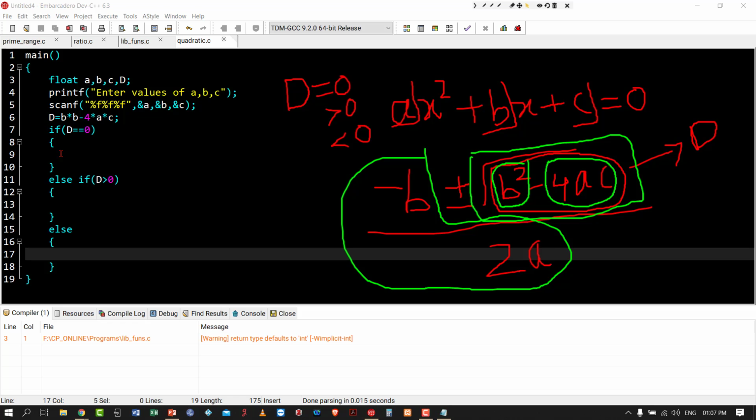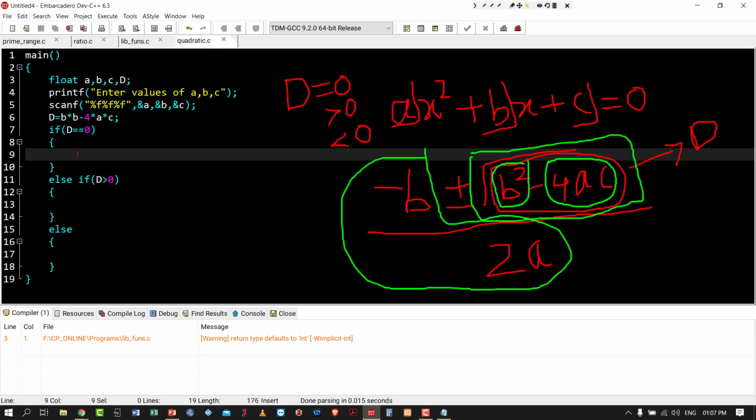So I will write here x equal to minus B by, here you can't write 2 star A like this. It has to be B by 2 star A, but if you write this, it is not the same as minus B by 2A, because here it is actually B by 2 into A.